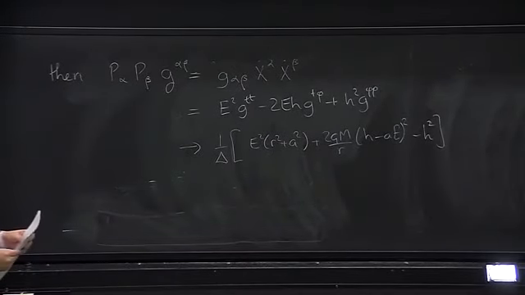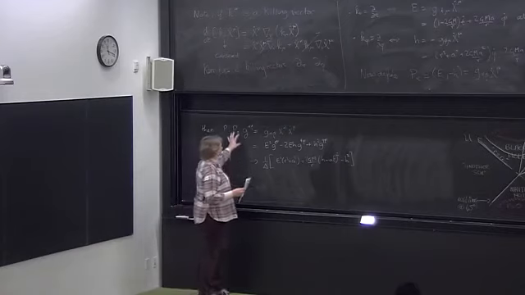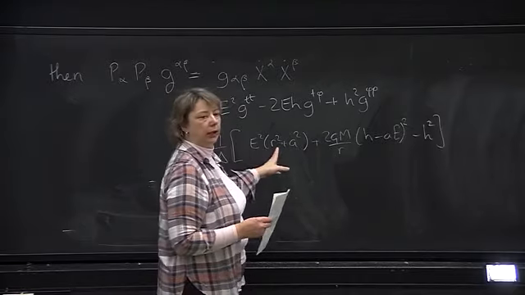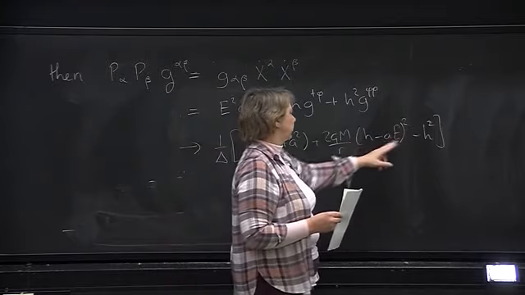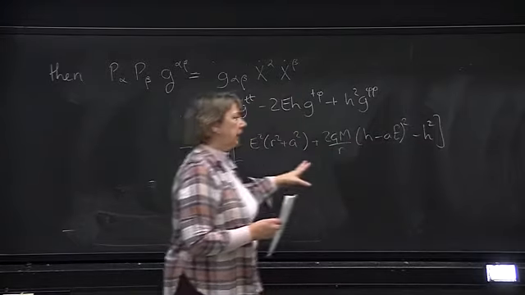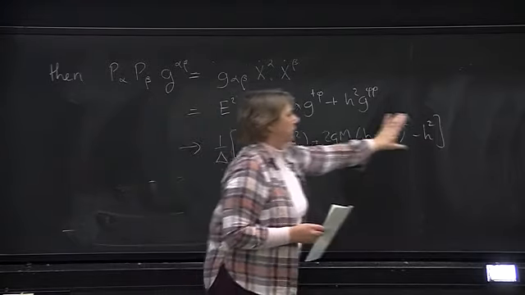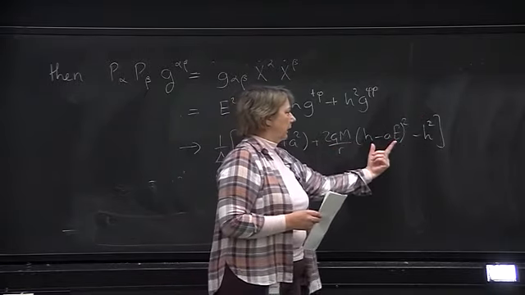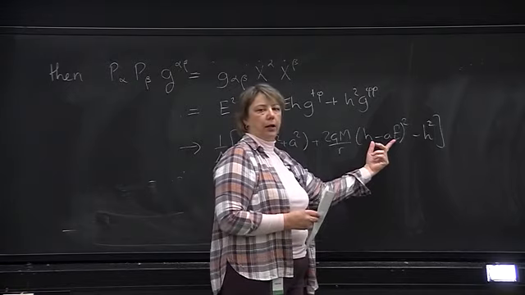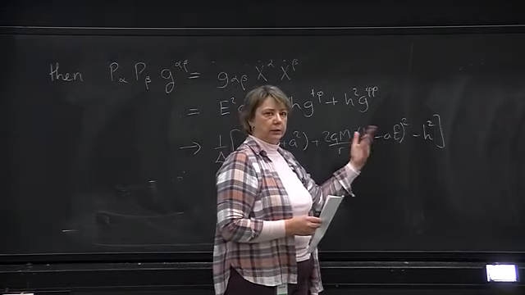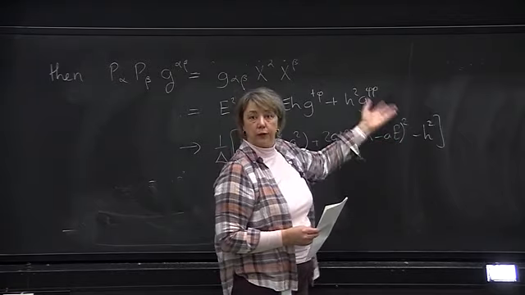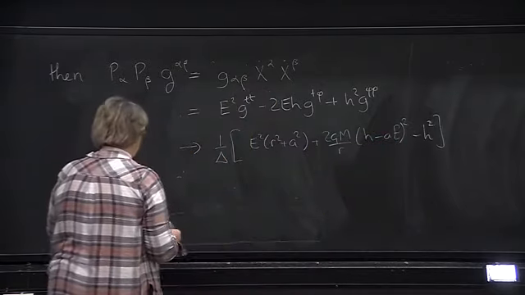So what you see is that if this were just Schwarzschild, you would just have a sort of E squared, R squared, and then the H squared terms. But here, you see you've still got the H squared and E squared pieces, but the 2GM on R term, now if H is plus or minus, i.e. co-rotating or counter-rotating, has a different magnitude.